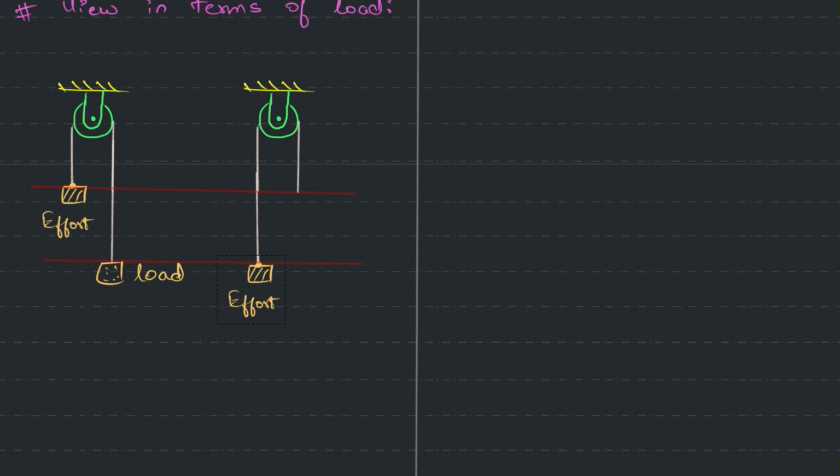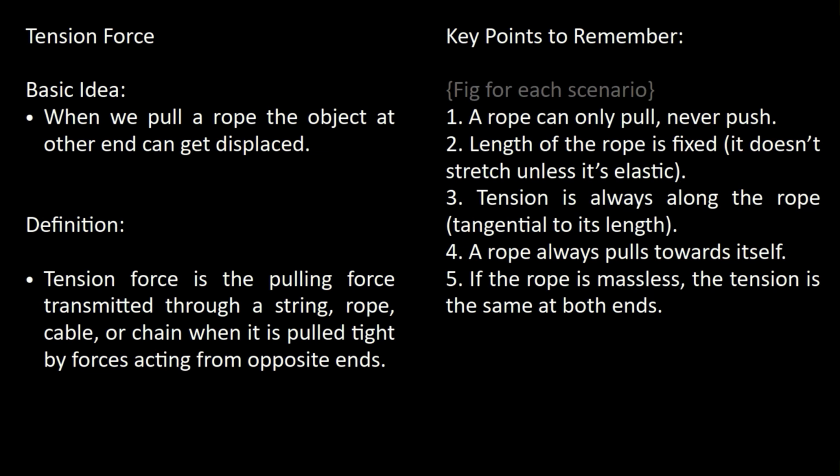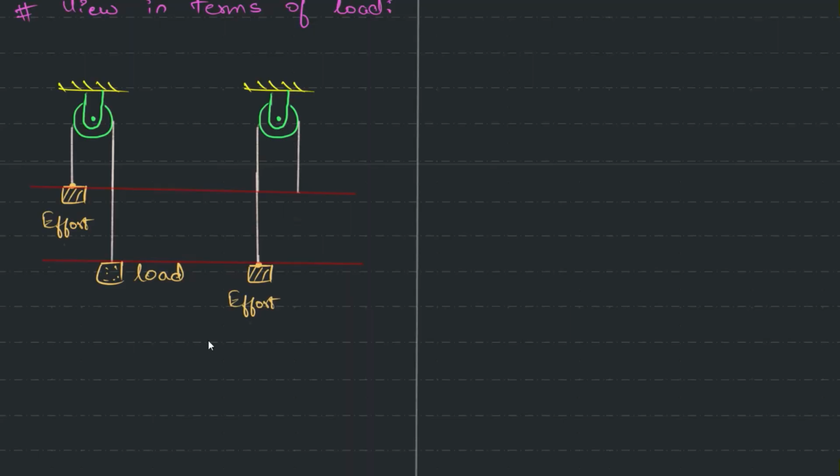And this comes from this particular concept. Length of the rope is fixed. So if here the length gets displaced by some amount of, say, h. If this is 10 centimeter, if the effort moves by 10 centimeter, what will happen to the load?